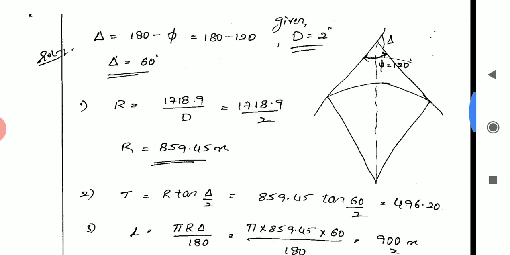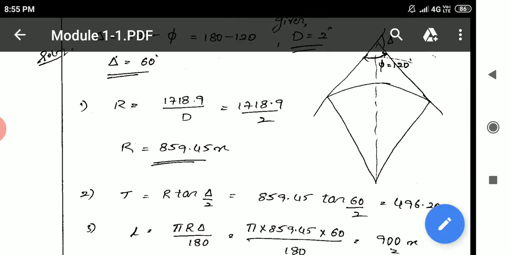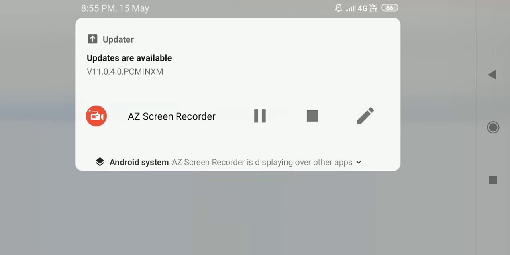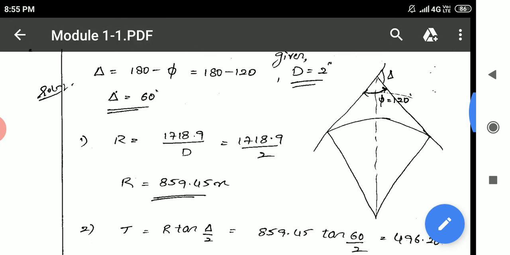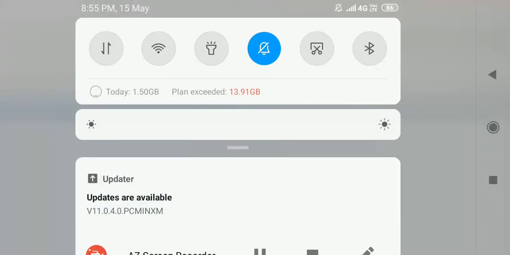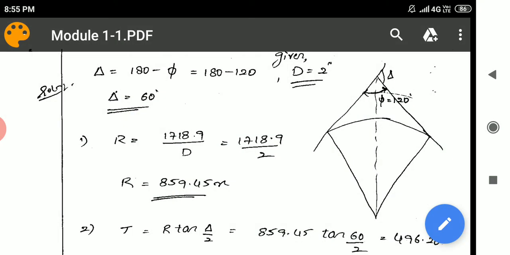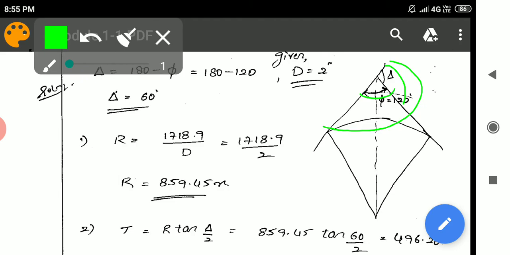Okay, see here what he mentioned, D equal to 2 degree, and delta equal to, see here, total 180 minus 120.